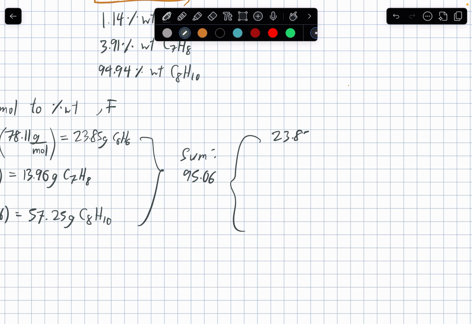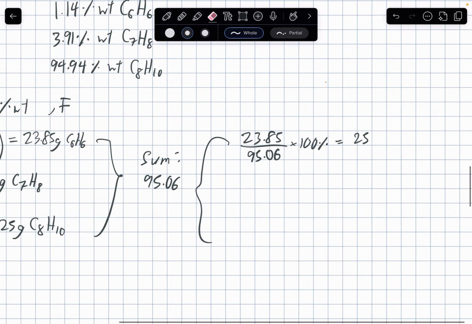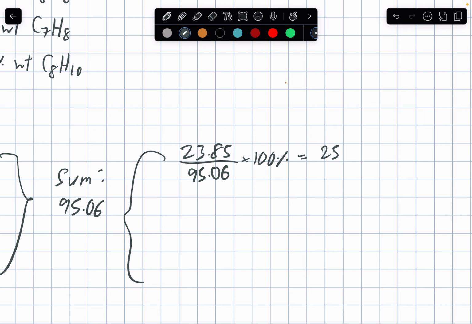23.85 divided by 95.06. And if you want to make it as percent, multiply by 100. But just this itself is already the mass fraction. Yeah, let's still express it in terms of weight percent for consistency. 25.09%.